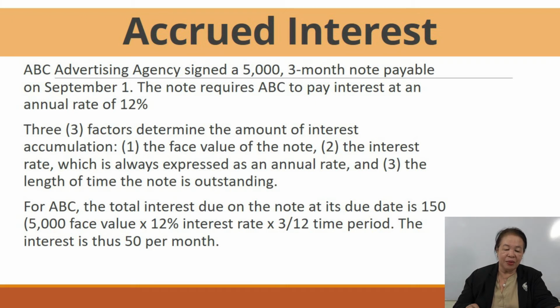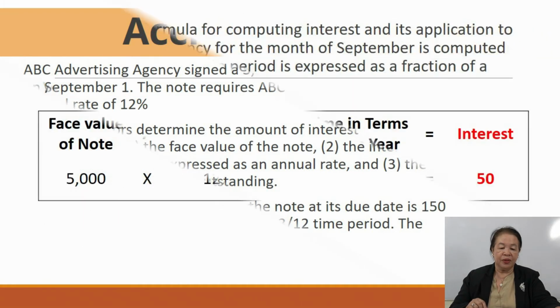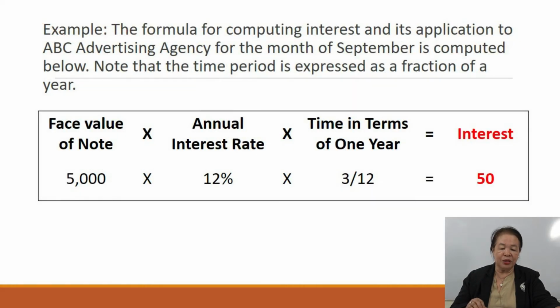So, 5,000 face value multiplied by the 12% interest rate times 3 over 12. So your interest is 50 pesos per month. This is the computation: 5,000 face value multiplied by the annual interest rate of 12% multiplied by the time in terms of one year.